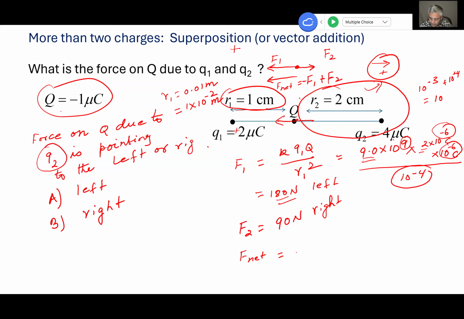So if right is positive, just like we said over here, then F net is going to be positive 90 Newton minus 180 Newton. That means negative 90 Newton, which means 90 Newton to the left.